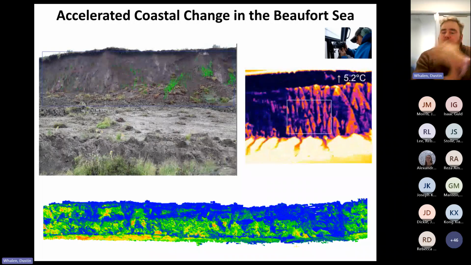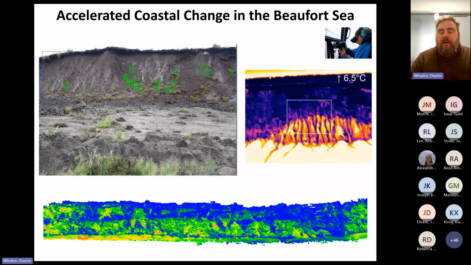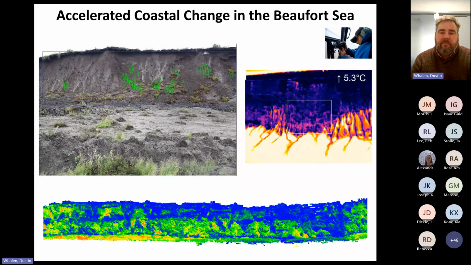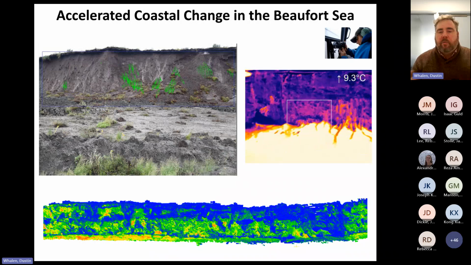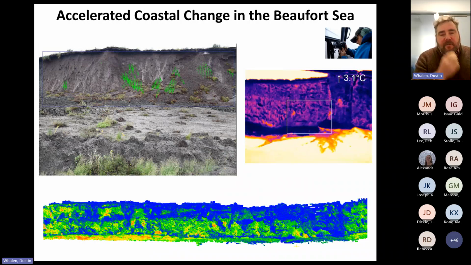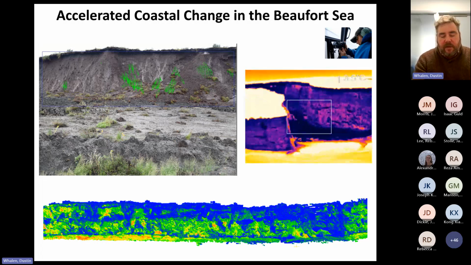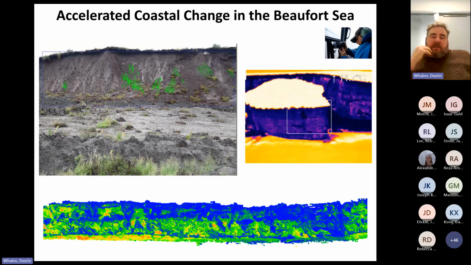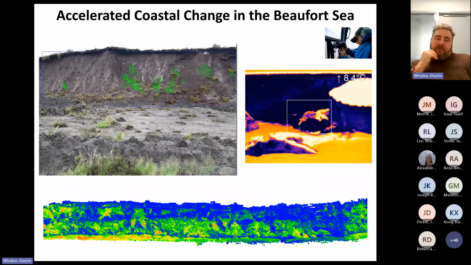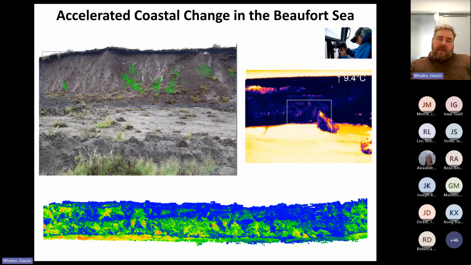And again, as he passes the thermal camera over the cliff, we can see how the cliff spatially looks as well, and where the vulnerabilities lie. So again, temperature is playing a huge role. Remember, when you're trying to mitigate against erosion in the Arctic, the goal is to keep everything frozen. And obviously, this is not the case right now.